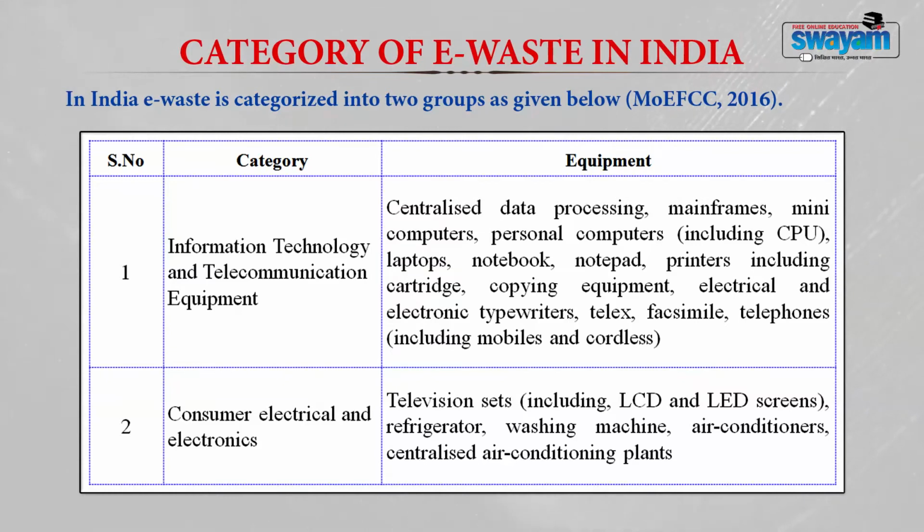Under information technology: centralized data processing, mainframes, mini computers, personal computers including your CPU, laptops, notebooks, notepads, printers including your cartridges, copying equipment, electrical and electronic typewriters, telex, telephones all come under information technology and telecommunication equipment. As I told you earlier, consumer electrical and electronic goods include your television sets, including LCD, LED, refrigerators, washing machines, air conditioners and centralized air conditioning plants.